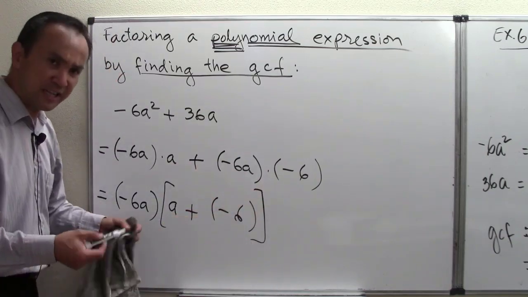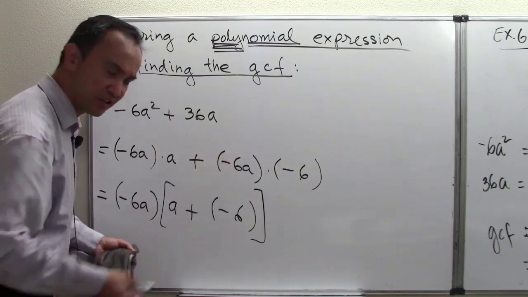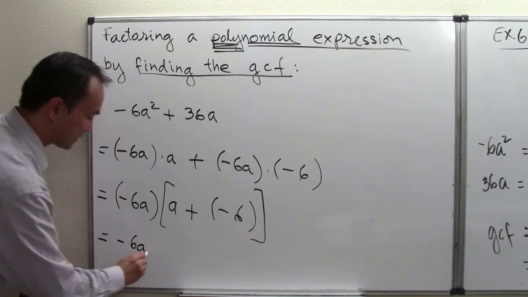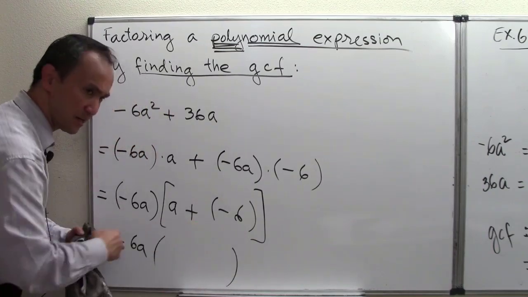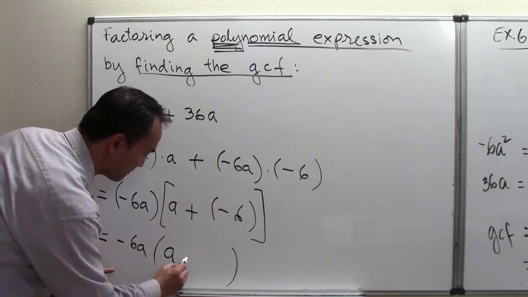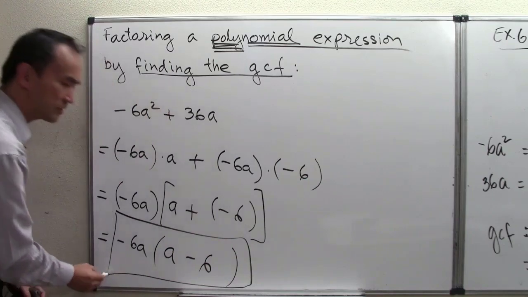Take it slow, and eventually when you get fluent enough, it's going to go faster. So now minus 6a in parentheses. We've learned we're beyond that point: plus or minus, you can rewrite it as a minus 6. That is our final common factor.